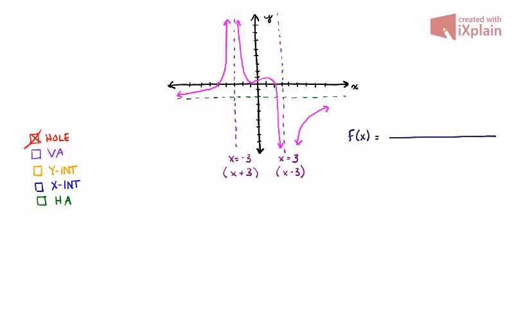One other thing that we want to check would be if these binomial factors have a certain degree or multiplicity attached to them. We can do that by looking at the short run behavior of the function. If I take a look at the vertical asymptote that I have on the right, notice that the short run behaviors are going in the same direction.